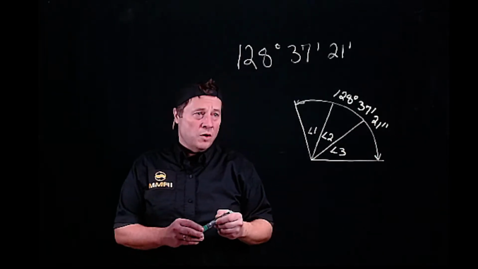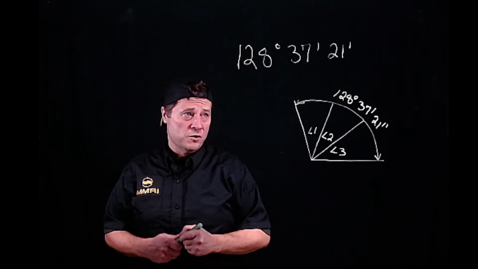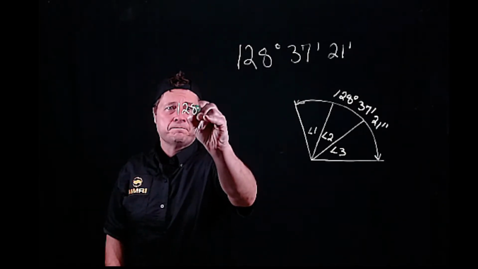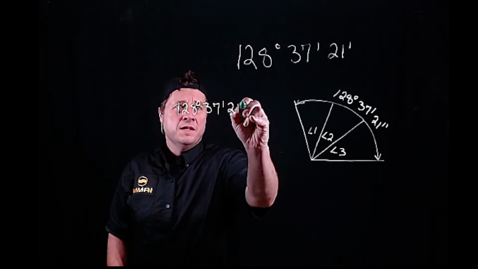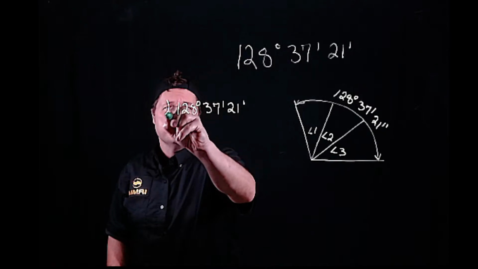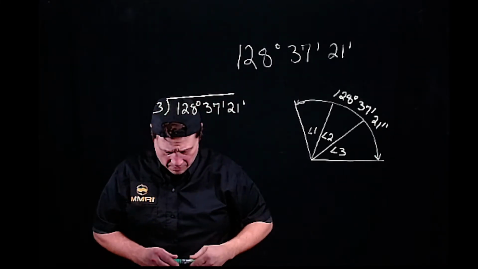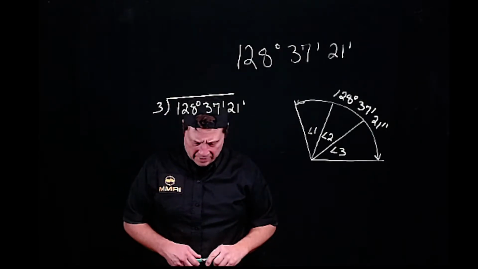So I want to know if these three angles are equal, and what they equal. So I can take this 128, 37, 21 and divide it by 3. Okay, so how do we do that exactly?